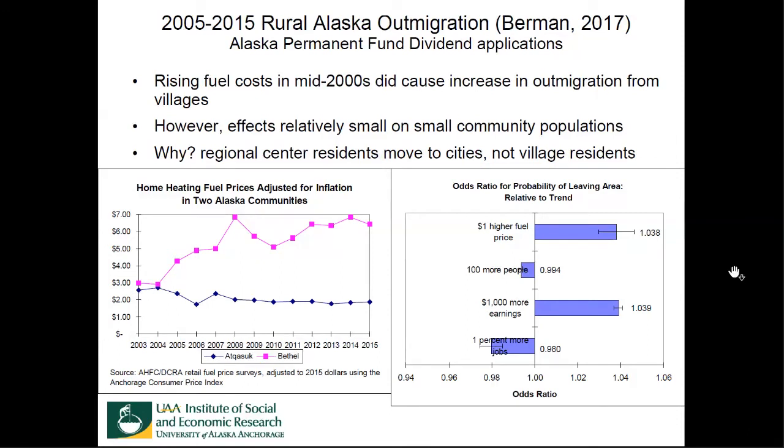When we studied this, looking at cost of living, with fuel prices being the best indicator of cost of living in rural Alaska, and earnings, we noticed a striking point.